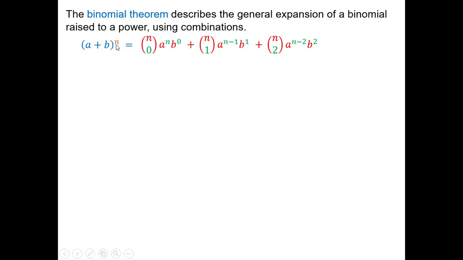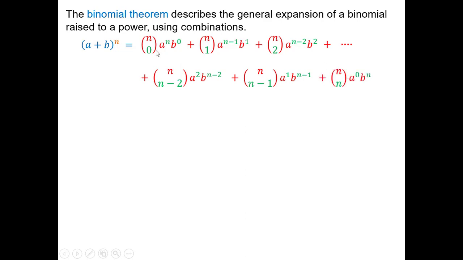In other words, since the exponent here is n, that's going to be my original total in all of my combination formulas. Since this is the 0 term, the value on the bottom of my combination is 0. Since this is the first term, my bottom number is 1. Since this is the second term, my bottom number is 2. And notice that this continues all the way until we get to the final term.